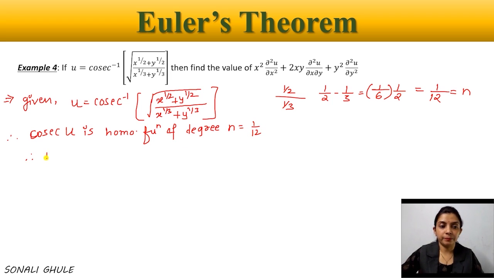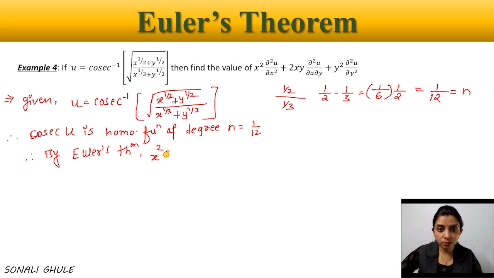Therefore, by Euler's theorem: now see, cosec u is homogeneous means f of u is homogeneous, and therefore by Euler's theorem, when f of u is homogeneous, okay, not u, f of u is homogeneous, what is the value for the second order relation?